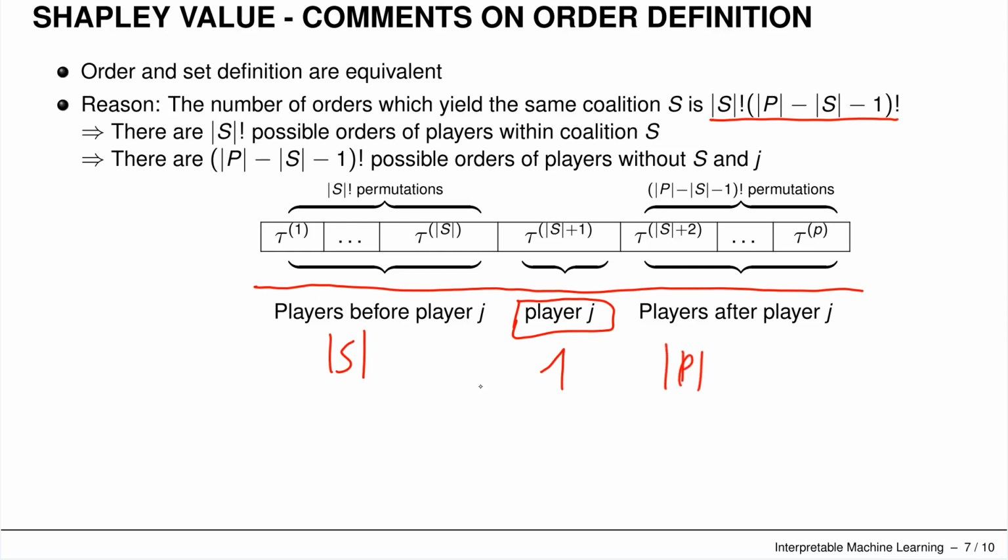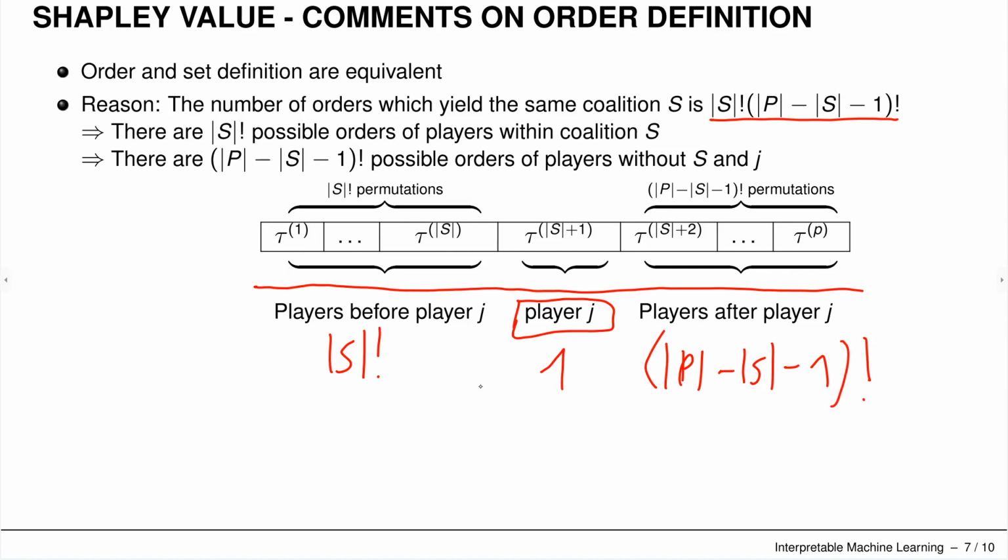So that's the size of P, so all players, minus the number of players in the coalition, minus 1 for J. And now if you want to have the possible reorderings, or possible orders, of all the players left of player J and right, you will just add the factorial, because you always have the factorial as the number of orderings, and you also do that on the right.